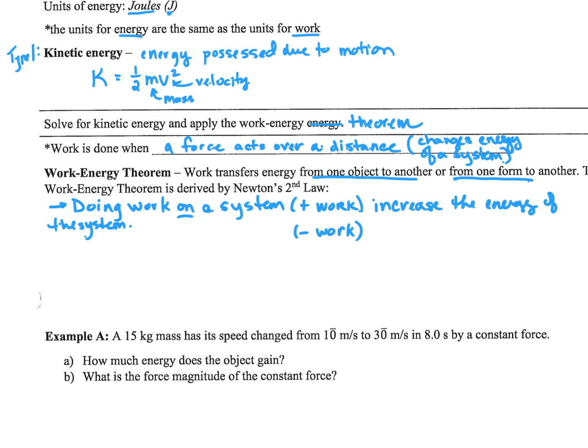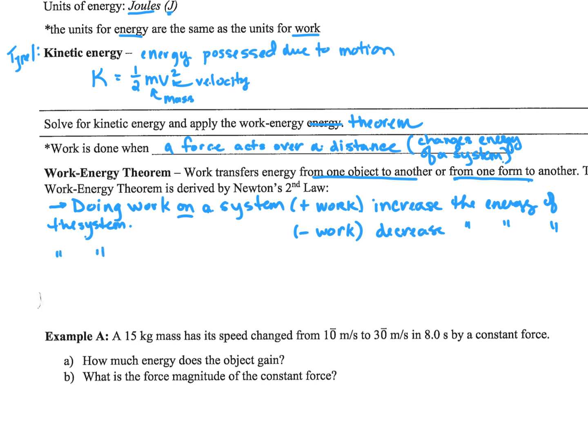So positive work would be an applied force in the same direction of the motion, and negative work would be an applied force in the opposite direction of the motion. So negative work is going to decrease the energy of the system.